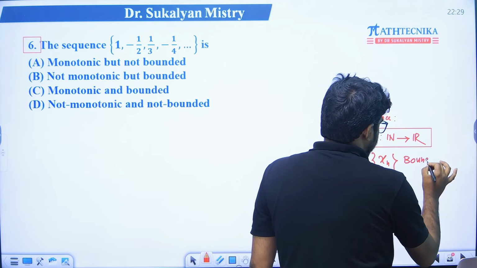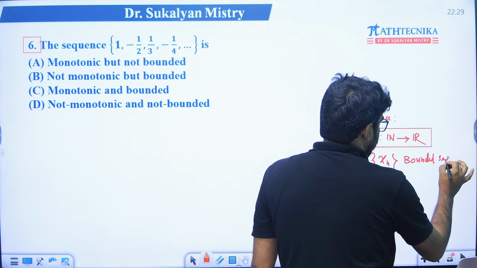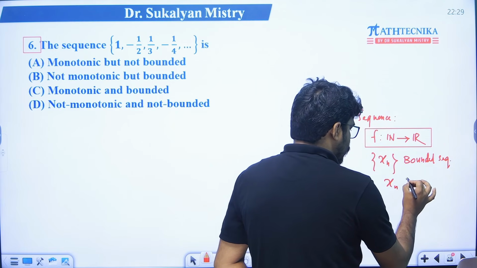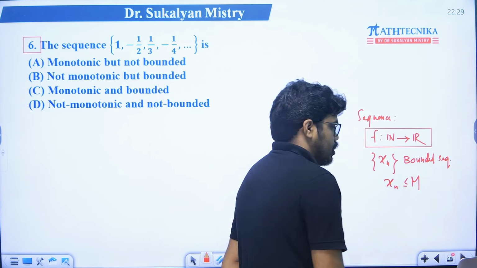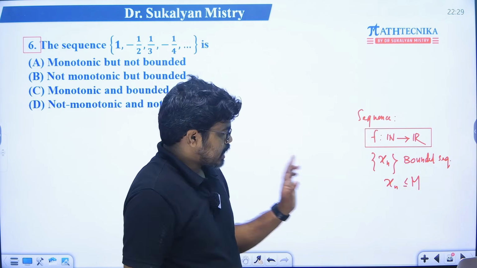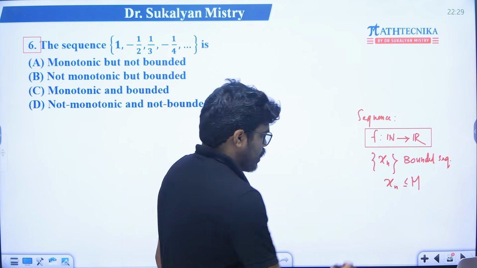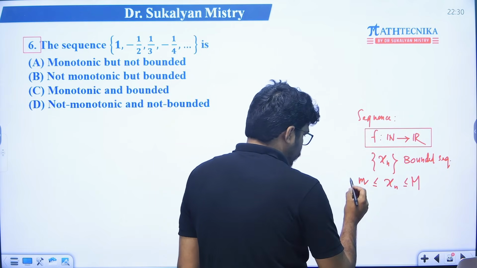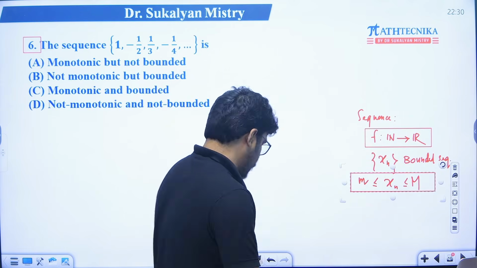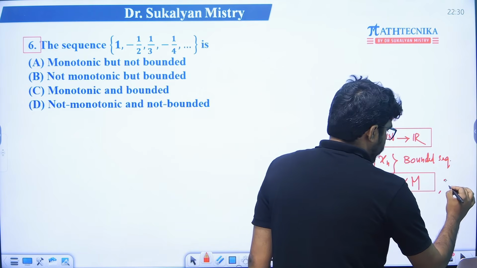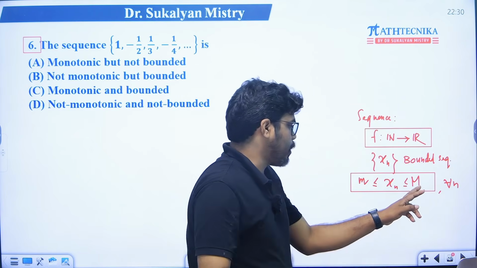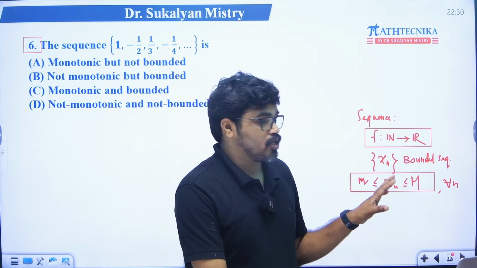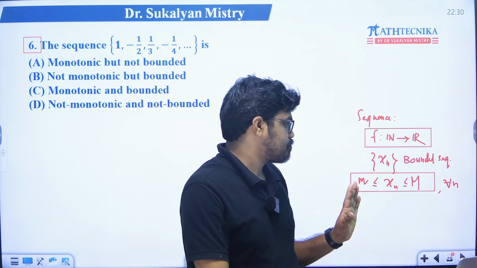A sequence xn is said to be a bounded sequence if it is bounded above, that is, all terms of the sequence are less than some real number, that is xn less than or equal to capital M, this is called the upper bound, and all terms of the sequence are greater than some real number, that is small m less than or equal to xn less than or equal to capital M for all n. Small m is called the lower bound and capital M is called the upper bound. So this is the definition of a bounded sequence.